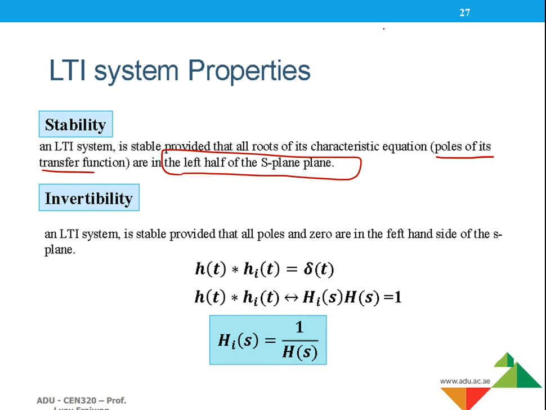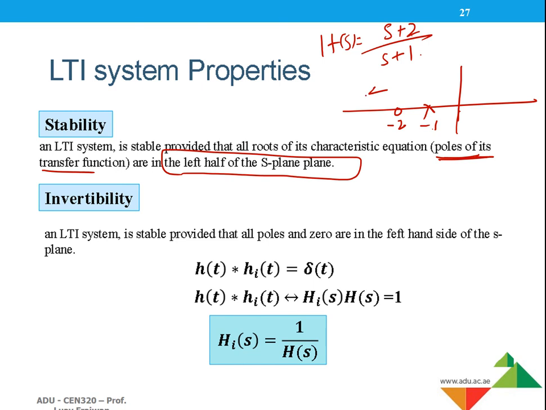For example, in the earlier example, s plus 2 over s plus 1, if I draw the s-plane, the pole is at minus 1 and the zero is at minus 2. This is the left hand side, this is the right hand side. If all poles are in the left hand side, our system will be stable.